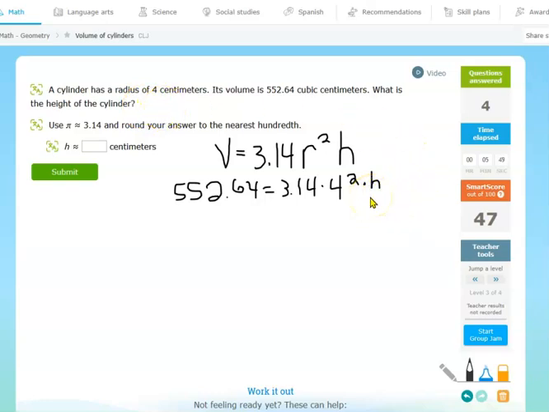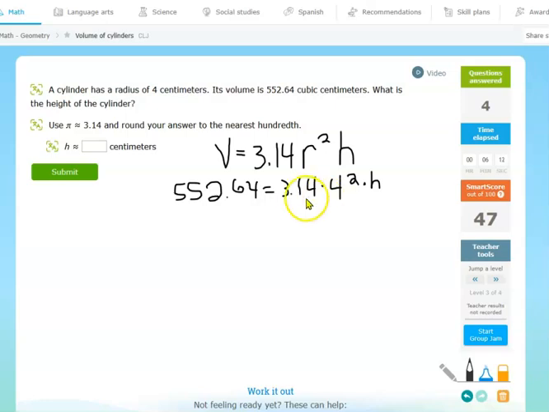Okay, so there's a couple of ways to do this. The way that I'm going to do this here is if I want to get h all by itself, I want to undo what's being done to the h. So what's being done to it? Well, we're multiplying h times 4 squared and we're multiplying it times 3.14.